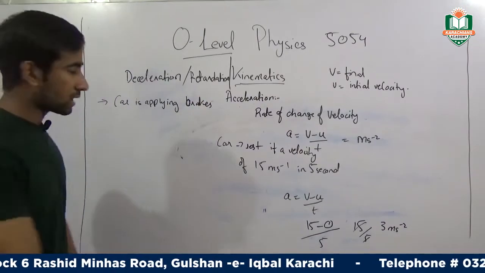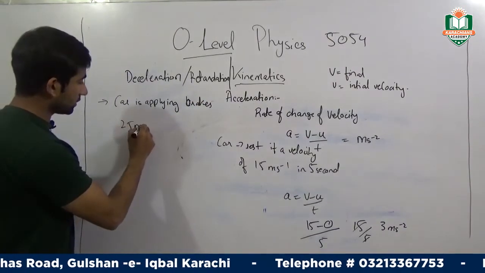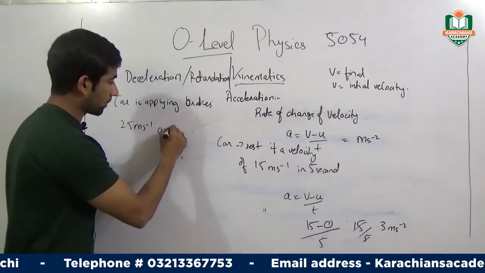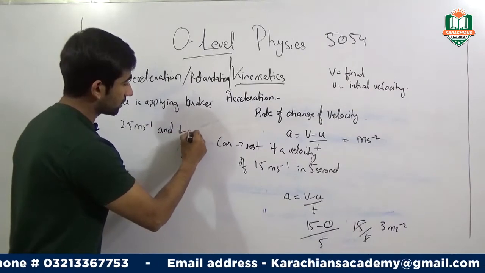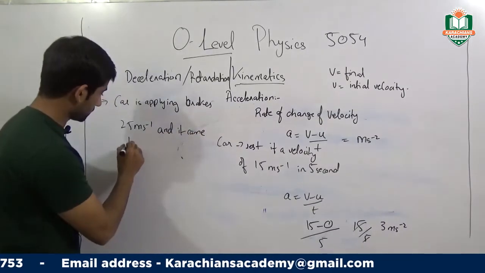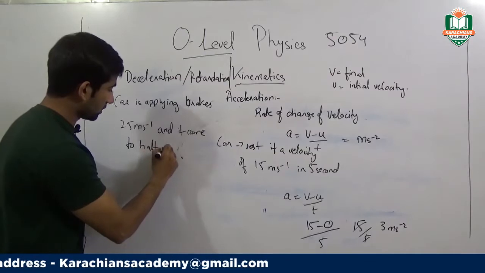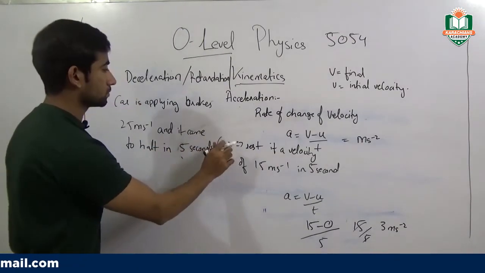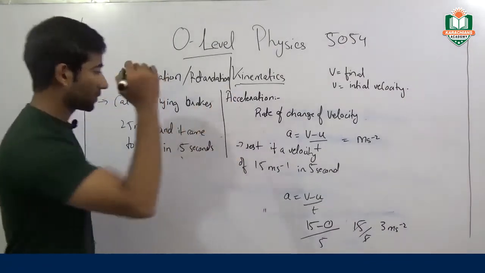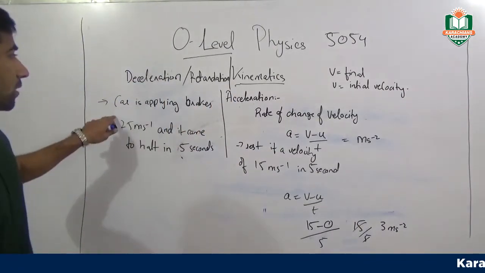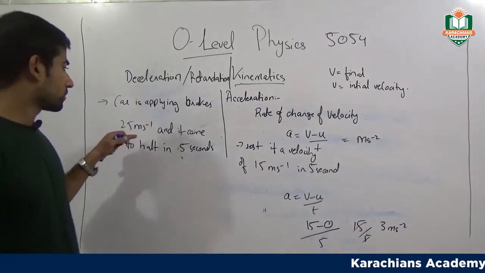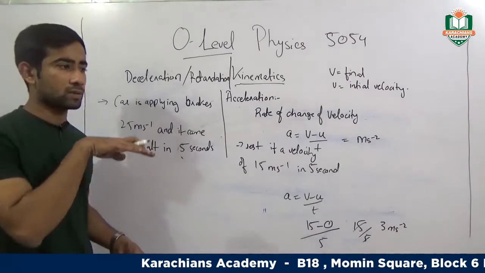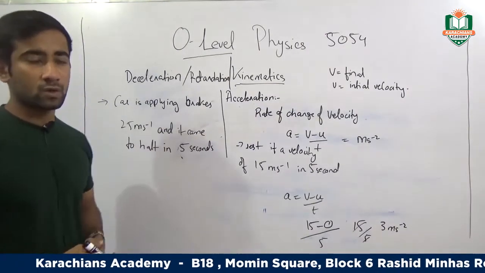The car was at 25 meters per second, and it came to a halt in 5 seconds. Let's say the car started applying brakes and it came to a halt after 5 seconds, because that's the braking time.